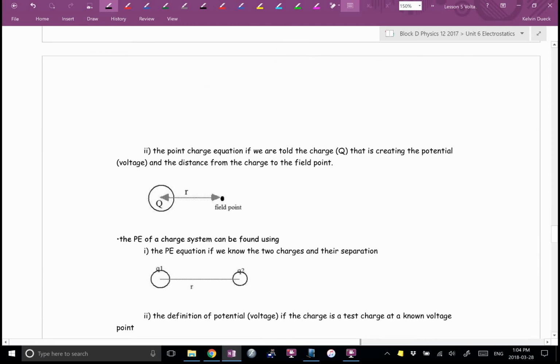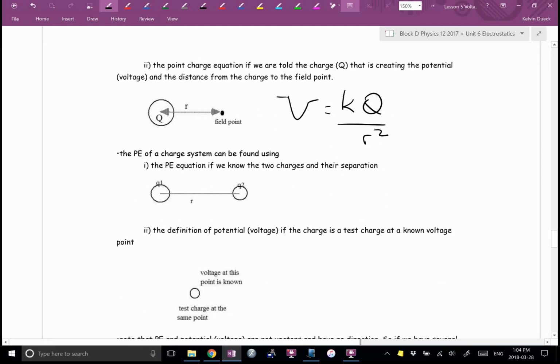Or if you're told the size of the planetary charge and, Kevin, how far away you are, R, you can also find the voltage by going K big Q over R squared. Potential energy can be found using last day's equation. Potential energy is K Q1 Q2 over R.